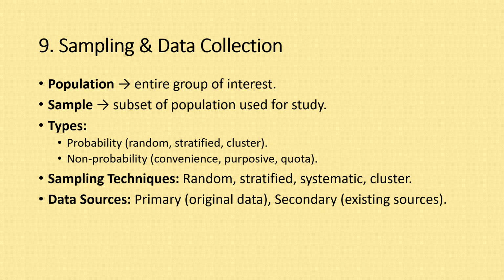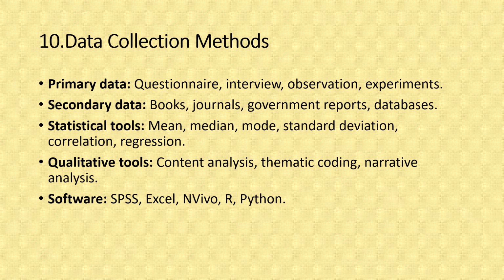Data sources. Basically, there are two main sources of data. The first one is primary data, which is original data. Secondary data is from existing sources, data which is already collected for some purpose. If such data is used for our study, it is called secondary data for our research.